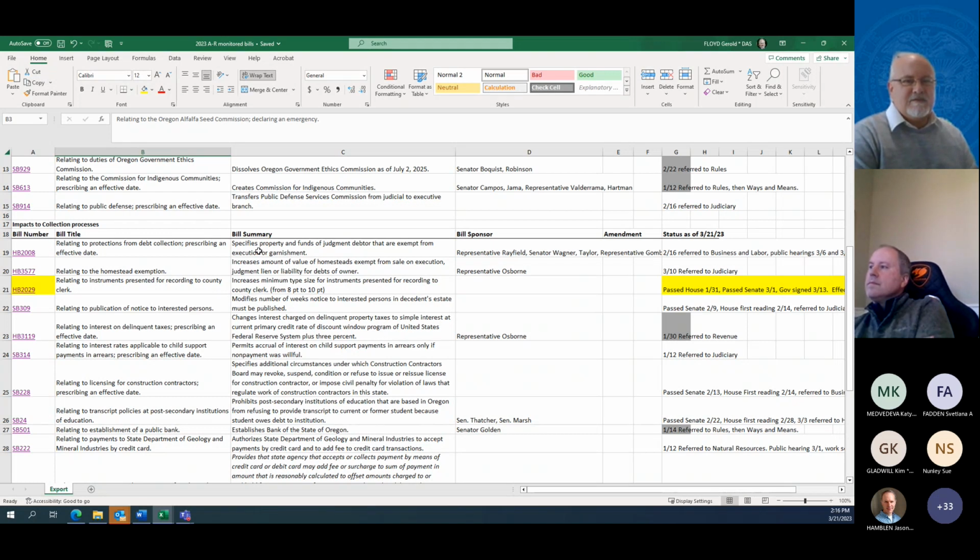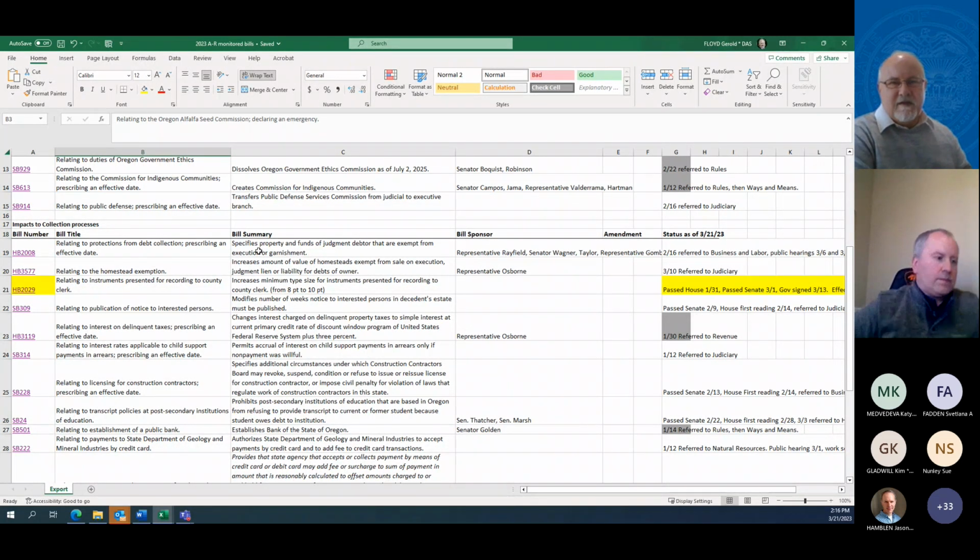But basically what this originally did was essentially quadrupled the wage exemption. Sounds like the amendment will settle somewhere in between what is current law and that quadrupled amount. Still is a fairly substantial increase in those wage exemptions.